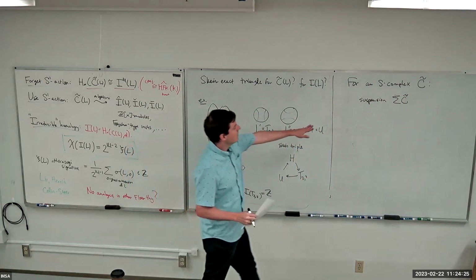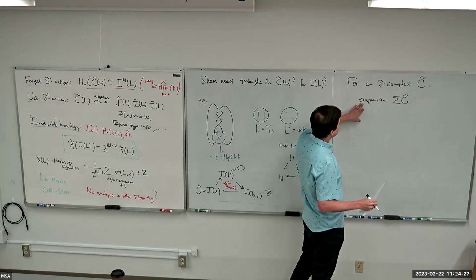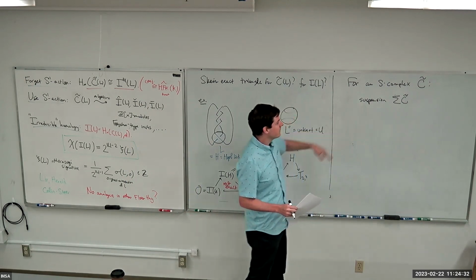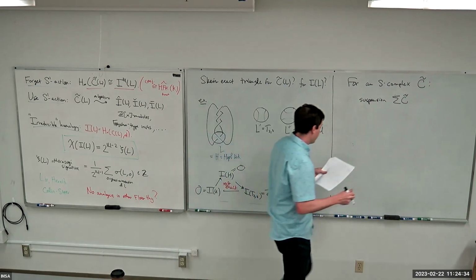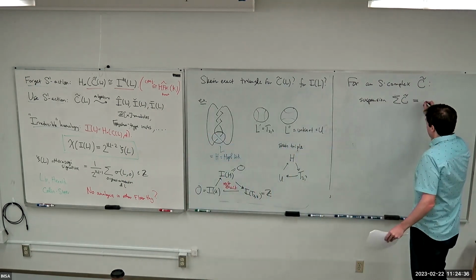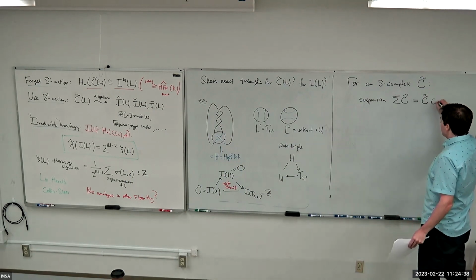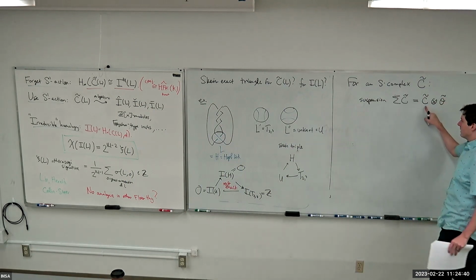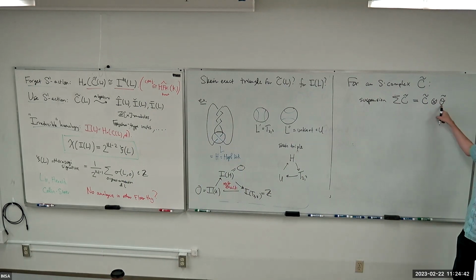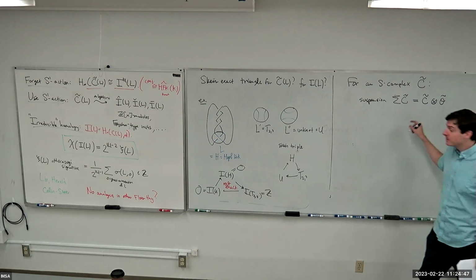This type of construction already appears in Ollie's work with Mike Miller Eismeier, so we're doing something similar. The simplest description of this is that it's the tensor product of your S-complex with another very simple, atomic but non-trivial S-complex.